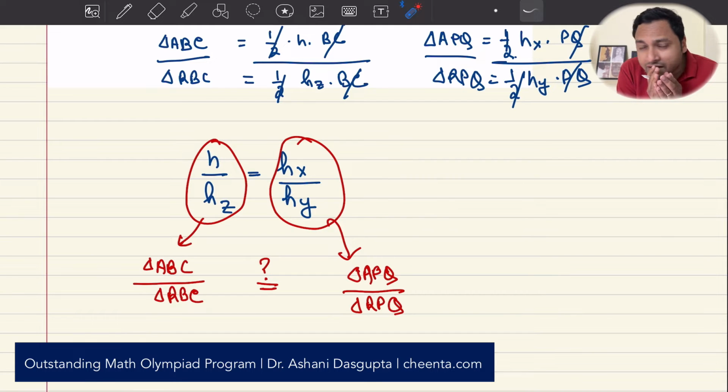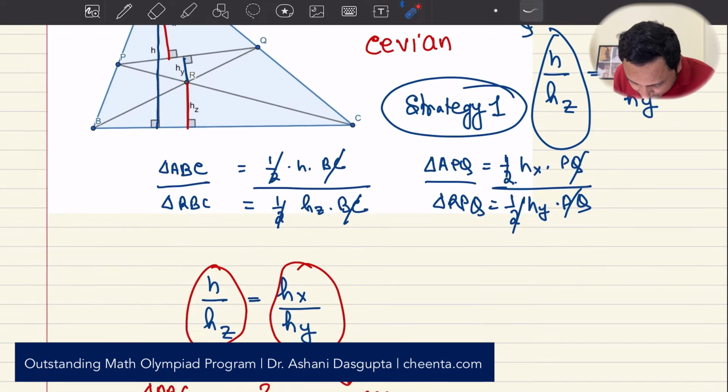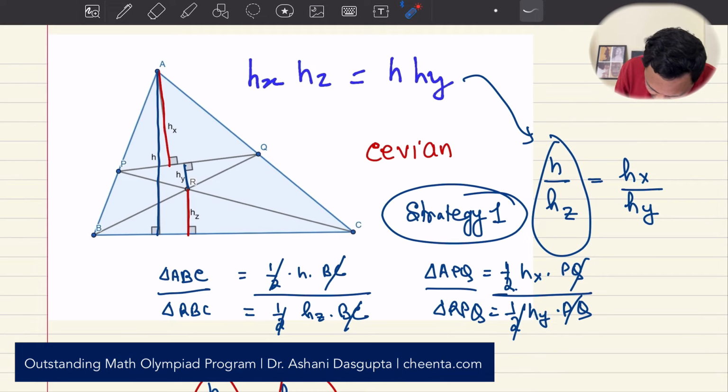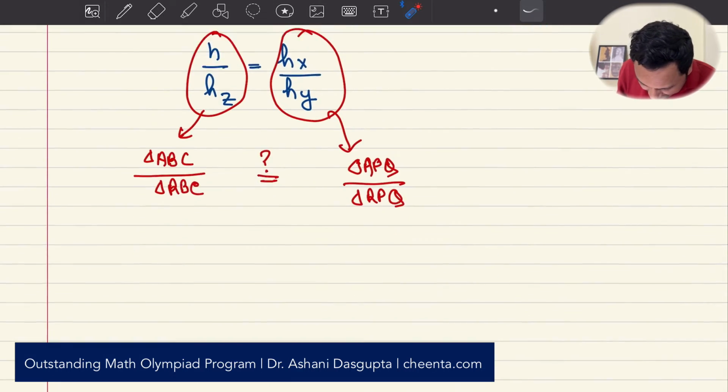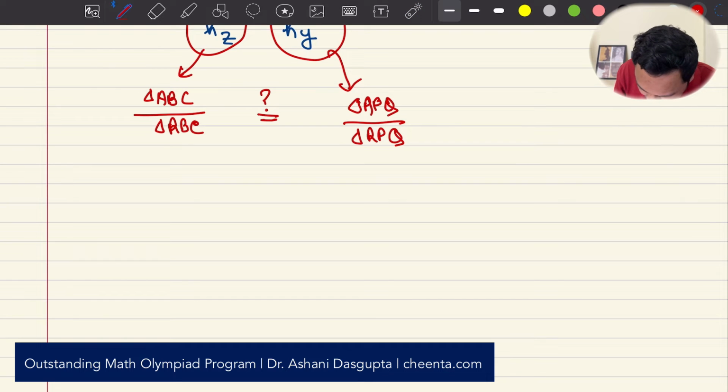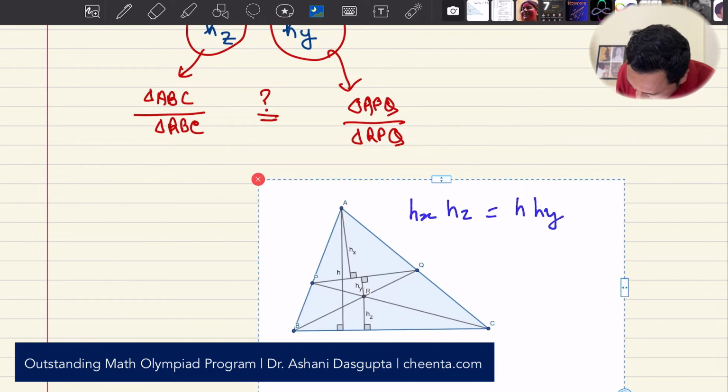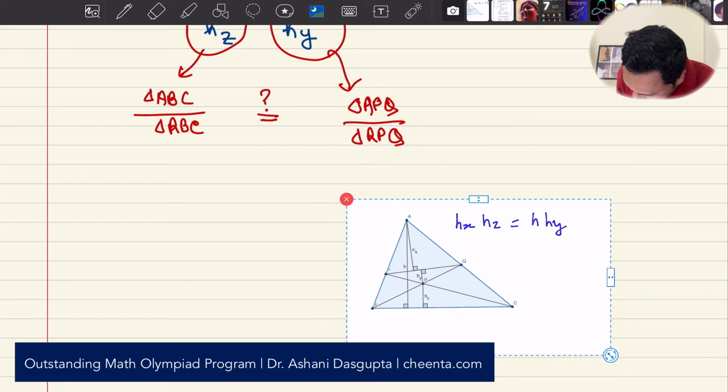So here comes strategy 2.5. You have written down the area of the triangle in the half base times height formula. Just write it in another way. For triangle ABC, we will be using the sine rule. It's AB times AC times the sine of the angle in between, times half.